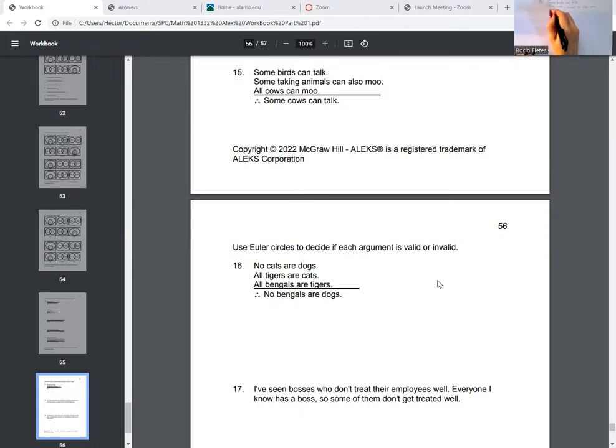Here we have three statements. And we have, therefore, the conclusion: some cows can talk. And I'm sure that you're already saying, I don't think that's a valid argument, right? But remember, we can't bring in common knowledge into the problem. We have to use the process here, just the premises and the Euler diagrams.